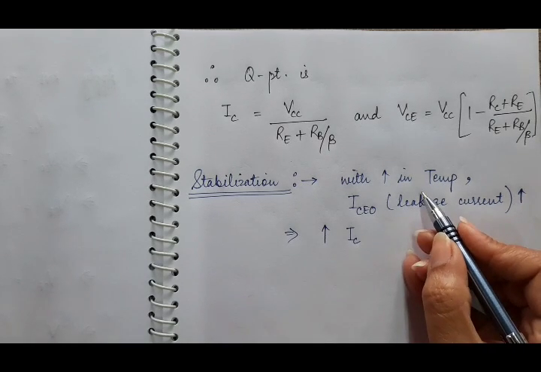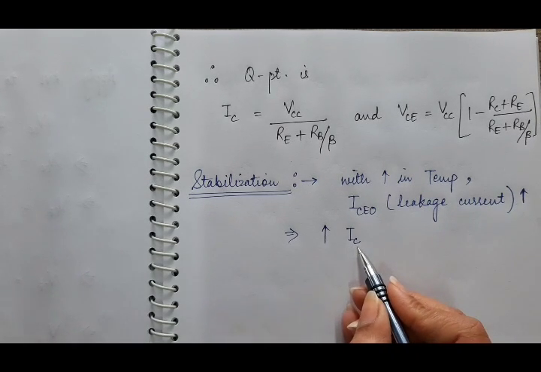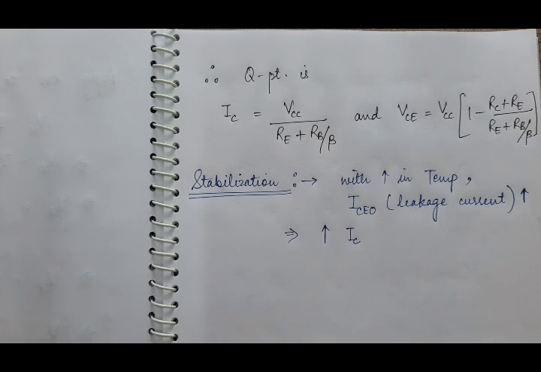So increase in temperature is increasing the collector current, and therefore your Q point will shift. But in this case, how is stabilization improved than the previous one?